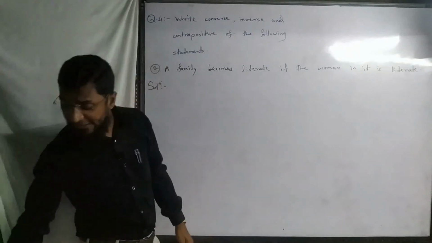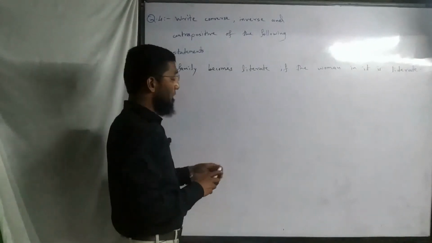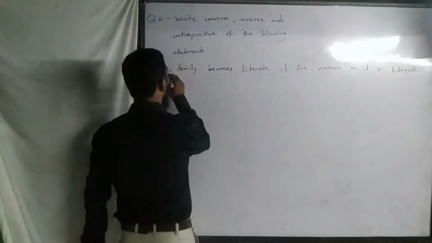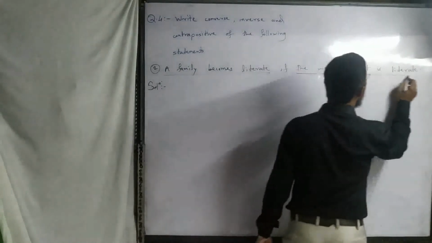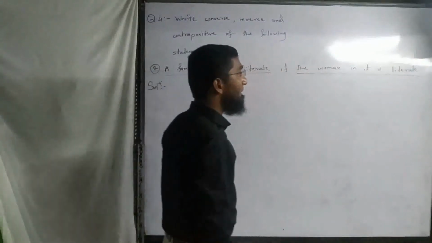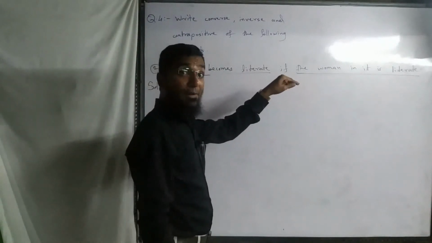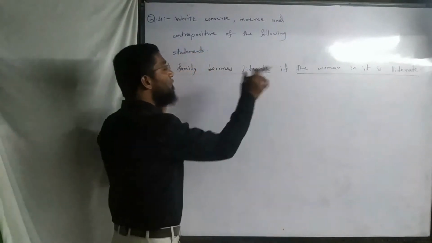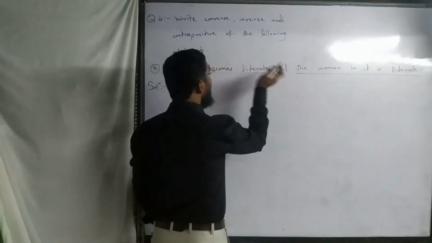It is a conditional statement, and here are two components. A family becomes literate, and second component, the woman in it is literate. Woman in it means woman in the family is literate. These two components are connected by means of the word if then.